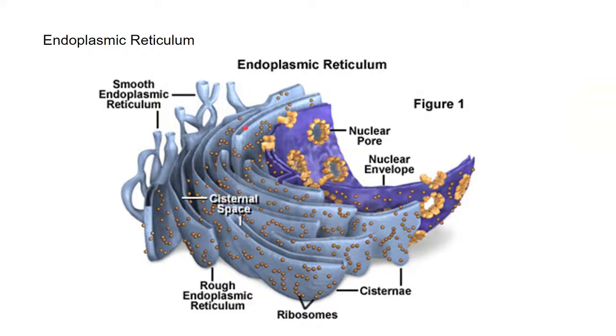So the endoplasmic reticulum, these two folds do not go to waste. This first fold and the second fold are very useful because the inside is called a cisternal space, and this cisternal space is where your protein will be formed.